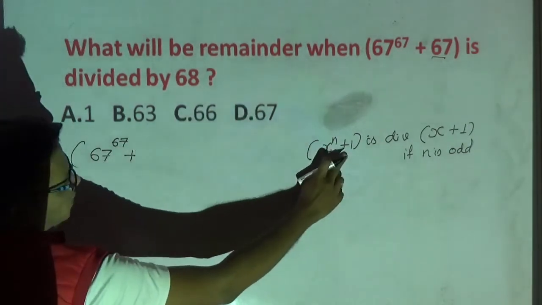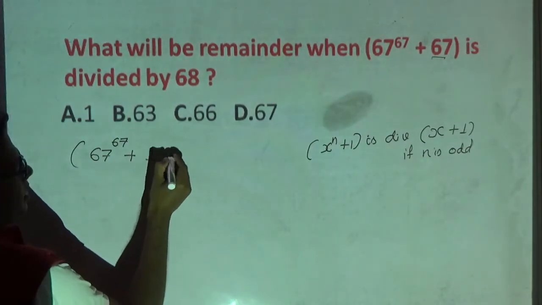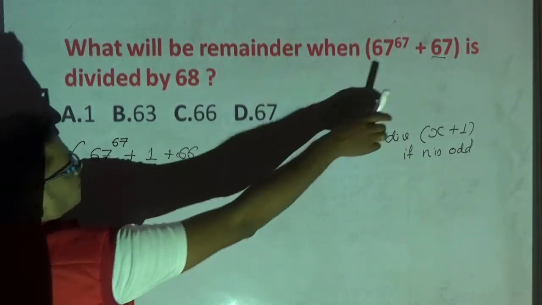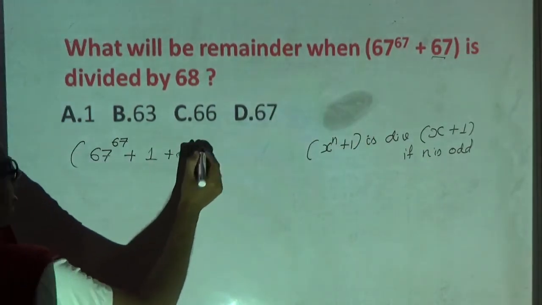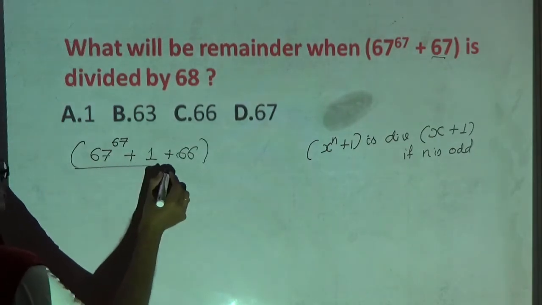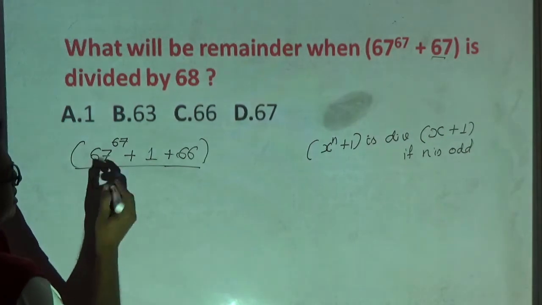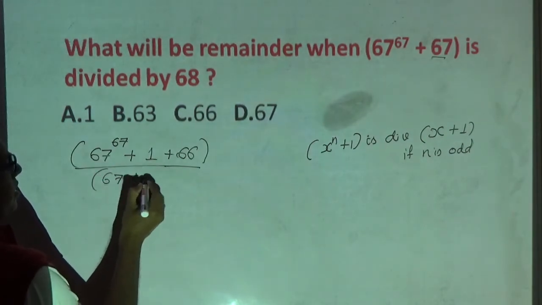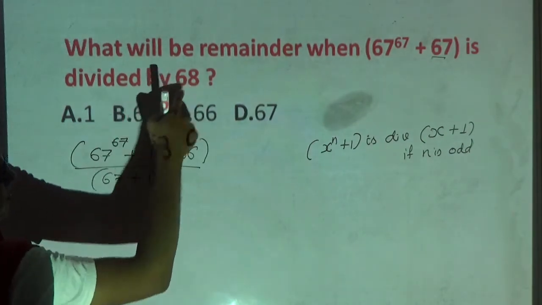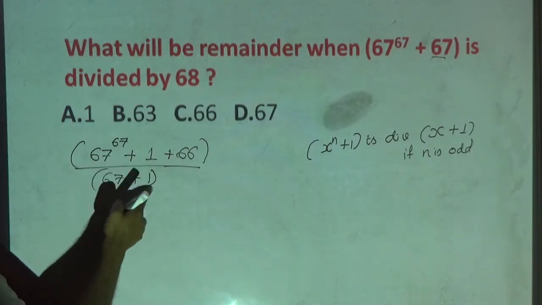I want 1 here, therefore 1 plus 66. 67 is nothing but 1 plus 66. If I divide this by x plus 1, what is x? 67. They are asking to divide by 68, which is 67 plus 1.